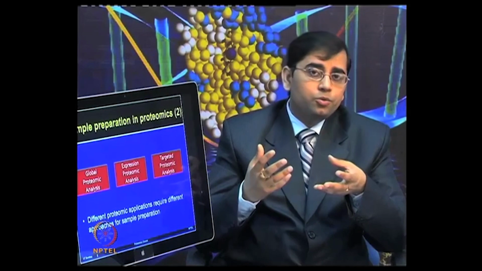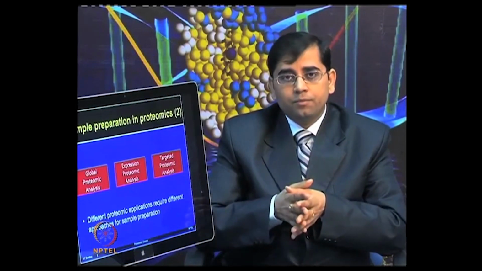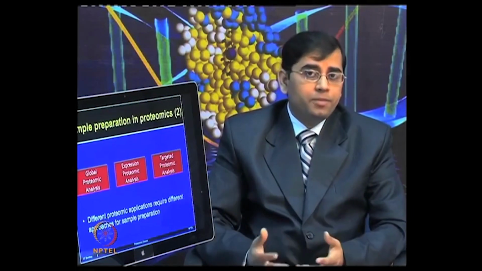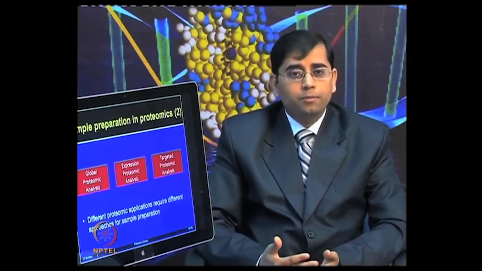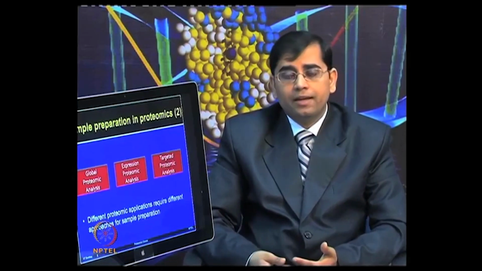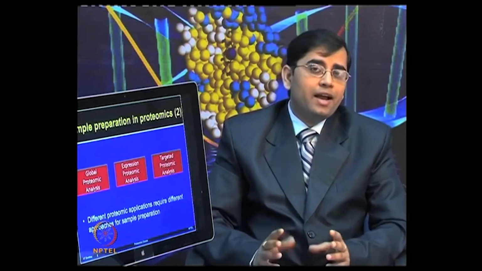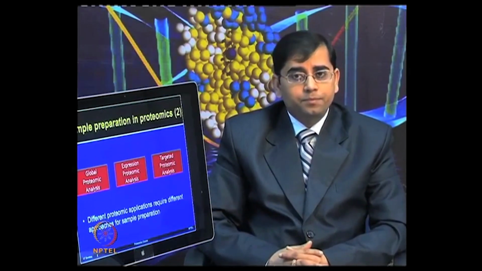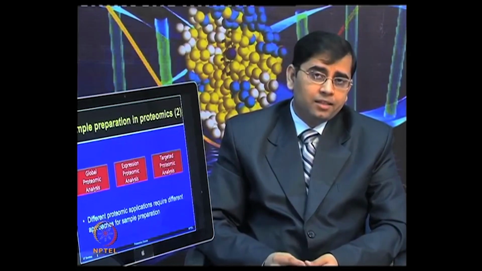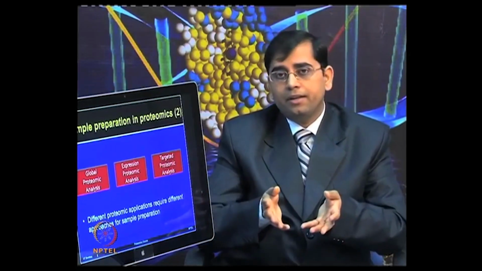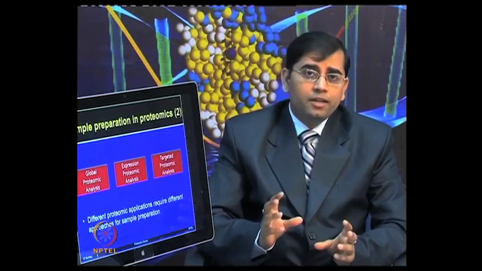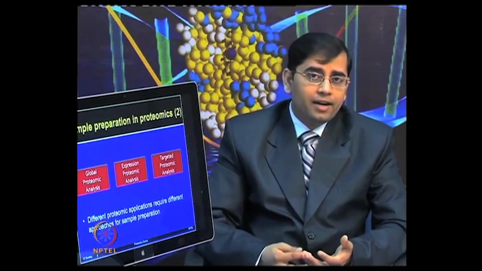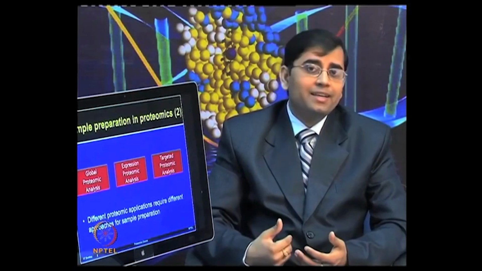So, one needs to try different types of strategies when thinking about performing a sample preparation. What is your objective? Whether you want to do global profiling or you want to do expression profiling, in either case you need to extract all the proteins present in that particular target sample. Now, when you are looking at targeted proteome analysis, you just want to pre-fractionate your sample in such a way that only that particular component is isolated and then all the proteins from that organelle or cell are extracted.